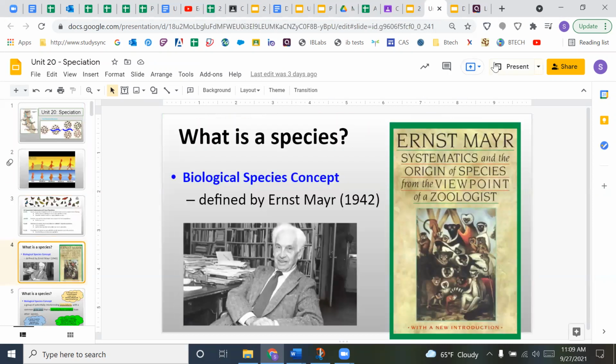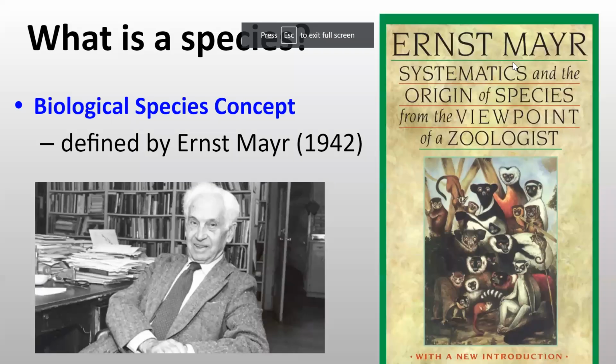What is the species? So the first part of your notes, it says biological species concept. So under that, I do want you to put defined by Ernst Mayr, 1942. We will write what the definition is, but I do want you to be familiar with this scientist. 1942, quite a while after Darwin and Mendel, but definitely taking into account some of those ideas of noticing that we do have these different species.